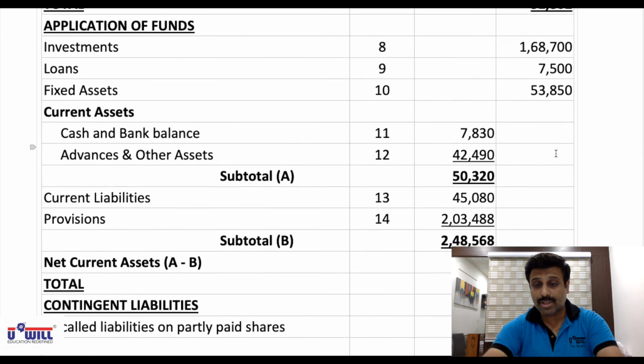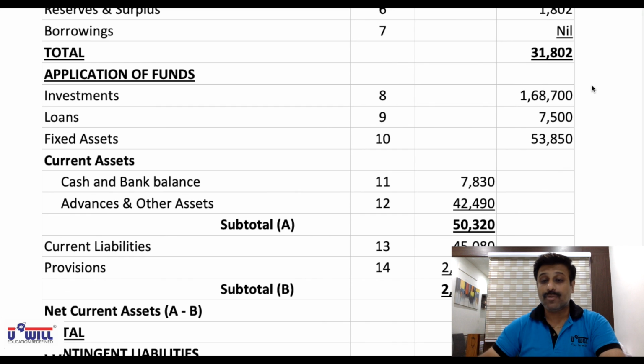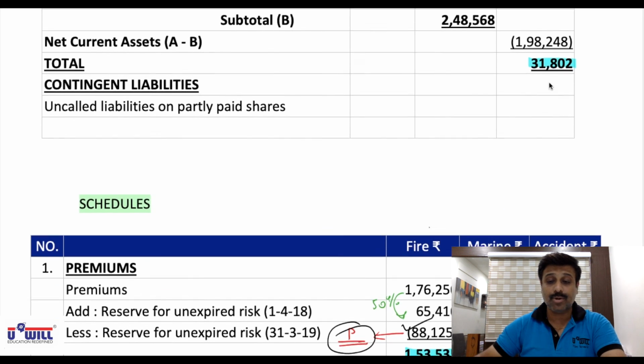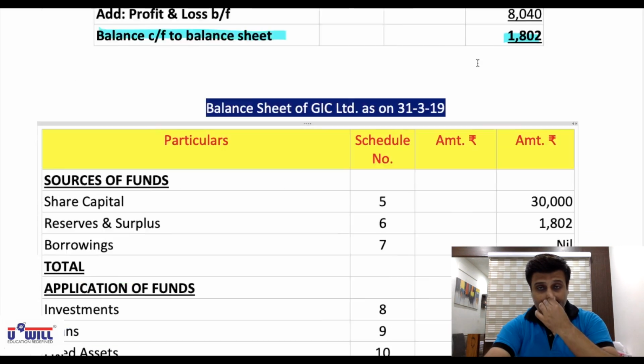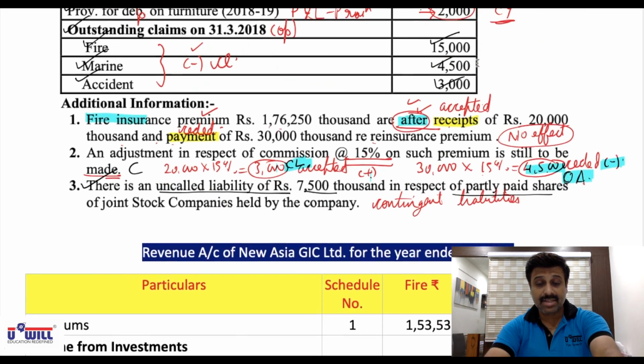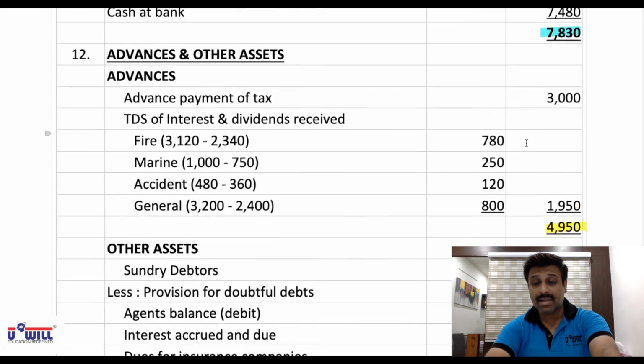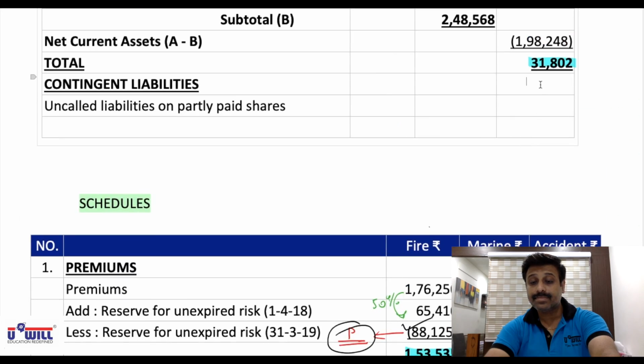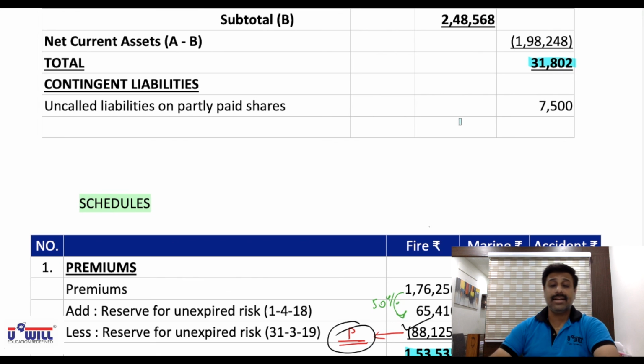So that would match with your total of sources of funds. Total sources of funds 31,802, total application of funds 31,802, and then contingent liability is given in adjustment 3, that is 7,500. So that will come at the bottom, 7,500. So all the items are taken into consideration.